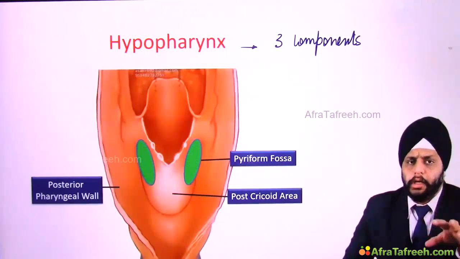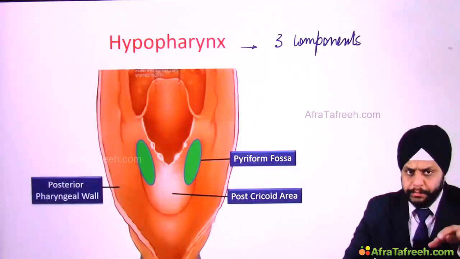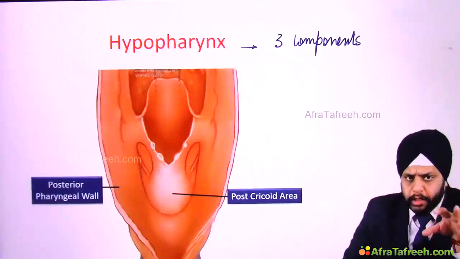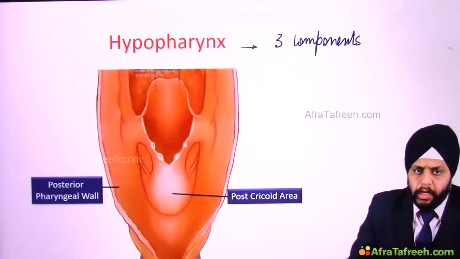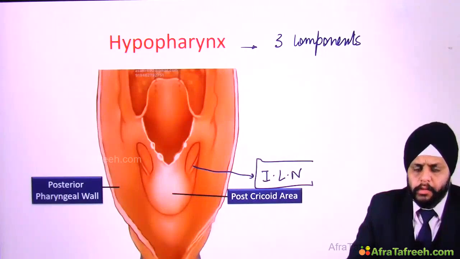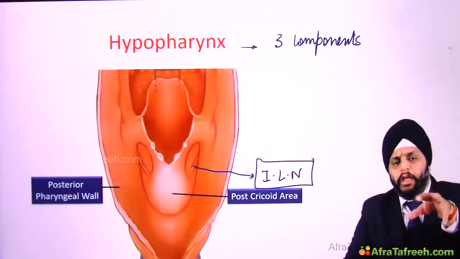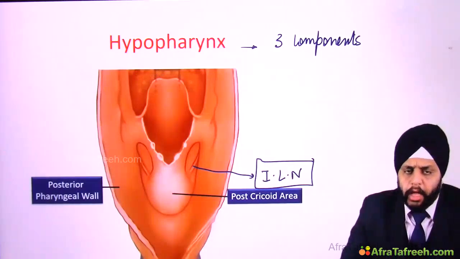So that's the third component of the hypopharynx. Look in the pyriform fossa carefully. You can see a nerve crossing, that is your internal laryngeal nerve, which goes through the pyriform fossa into the larynx.